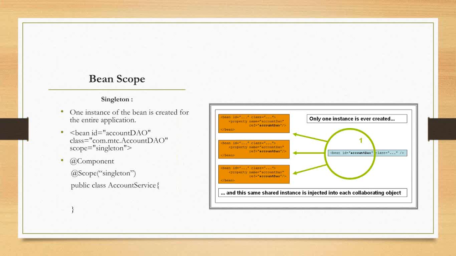In case of XML based configurations, you'll use the scope attribute. In the bean element itself, you'll find a scope attribute, and that scope attribute value should be singleton.